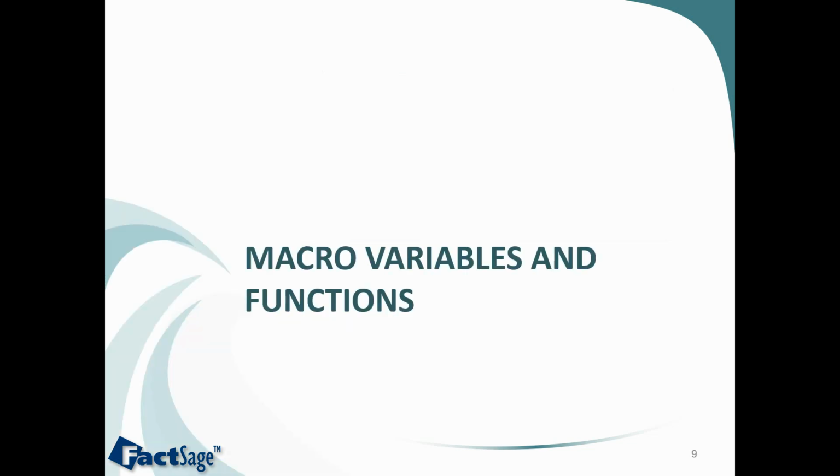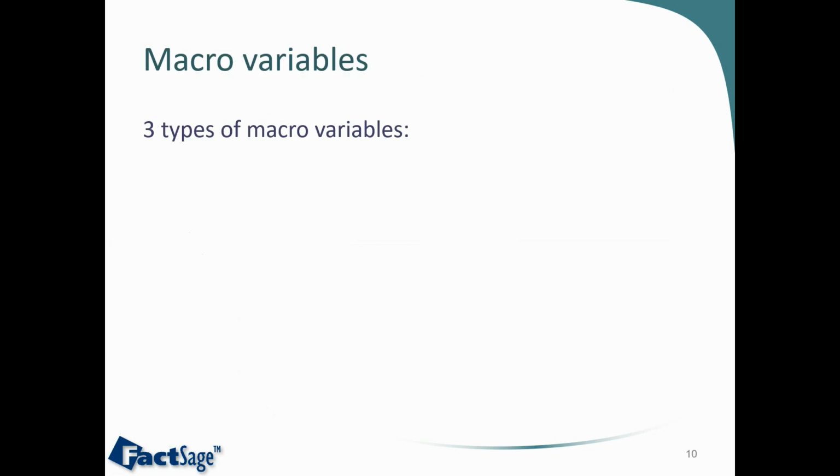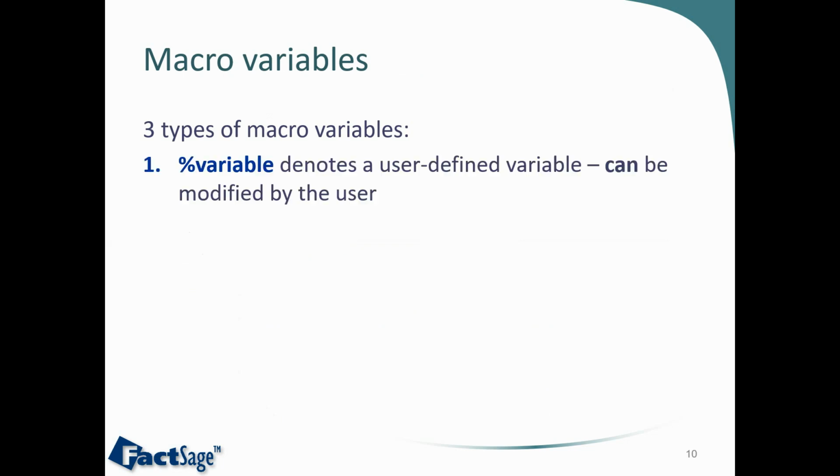Like any programming language, macroprocessing has variables to hold data values as well as built-in functions. There are 3 types of variables in FactSage macroprocessing. They are identified by the symbol preceding their names. The first type is the user variable and is identified by the symbol % at the beginning of the name.